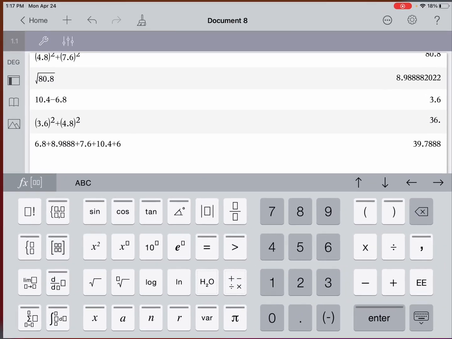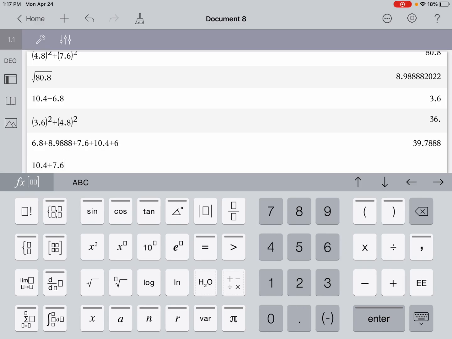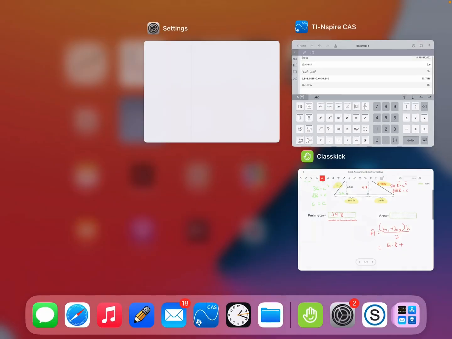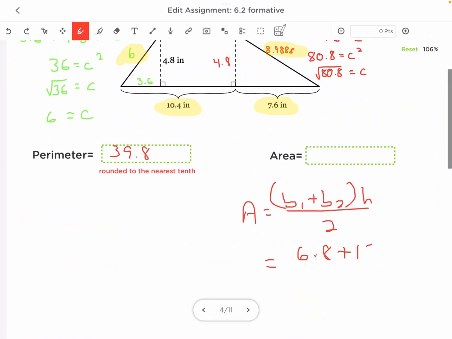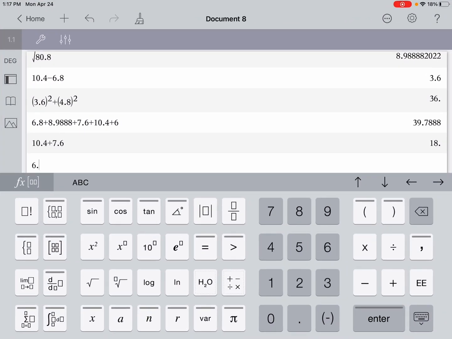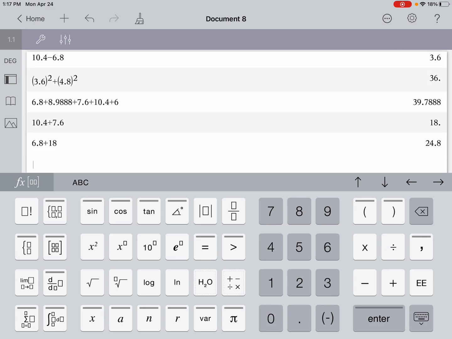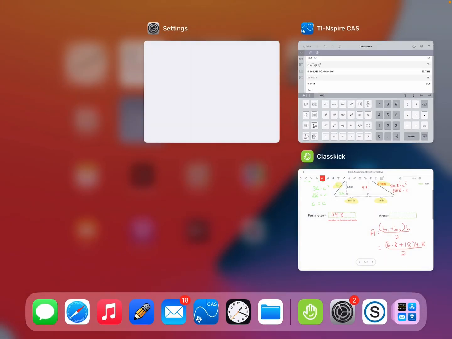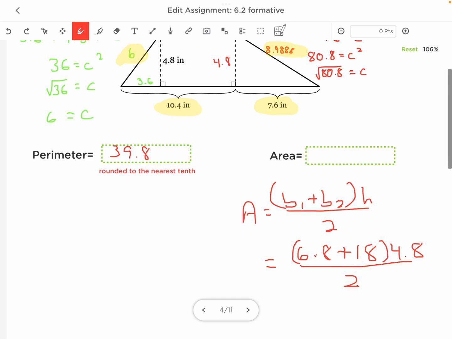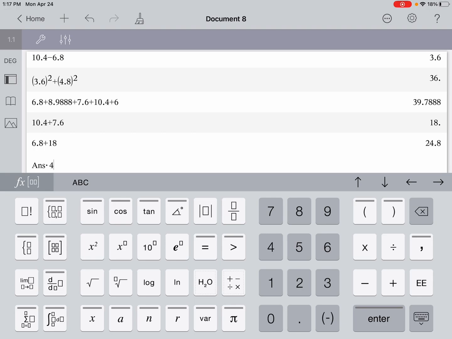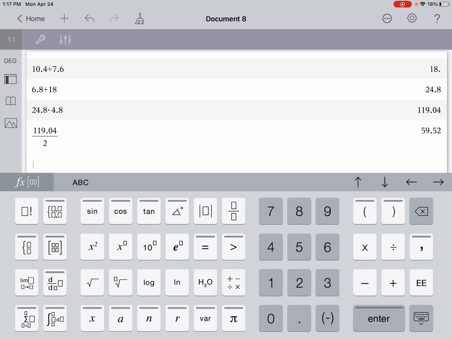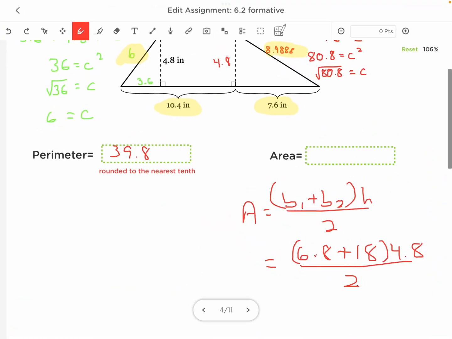So I want to make sure that I add those correctly, and I get a base of 18 times my height, which again from our picture is 4.8 divided by 2. So I have 6.8 plus 18 times our height, and our height was 4.8. And divided by 2, and so I get 59.52.